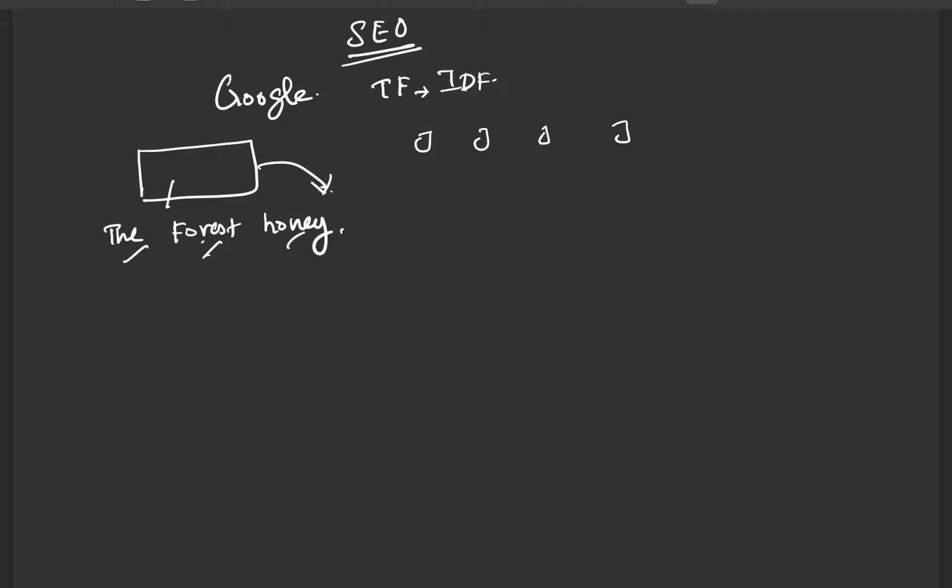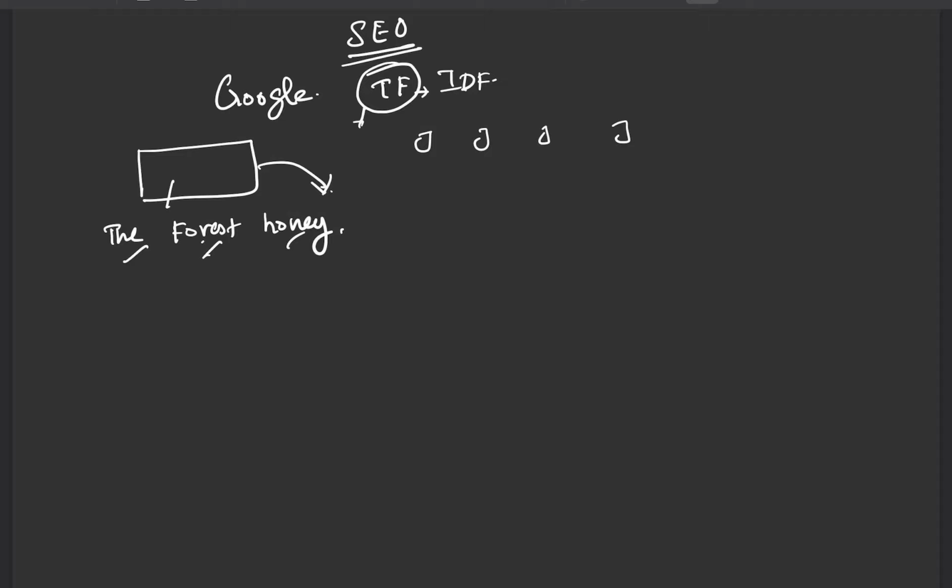When it was using only this term frequency, what do you think which kind of document would get returned when Google uses the TF algorithm?